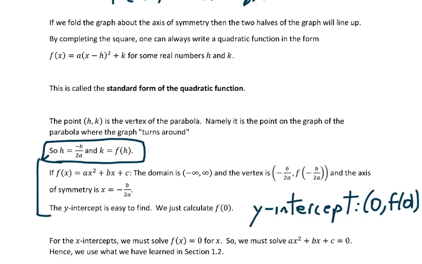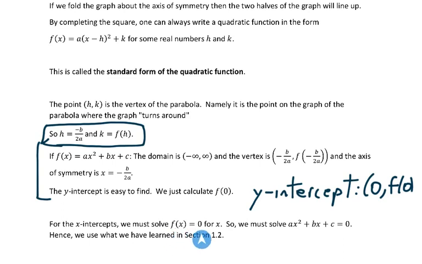Of course, we had different ways of doing that. There are more than two ways, but we saw only two. You could try factoring, or, of course, the quadratic formula. And then the x-intercepts are points where the graph crosses the x-axis.